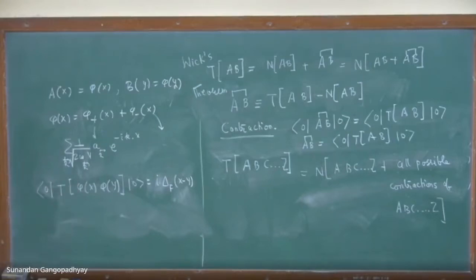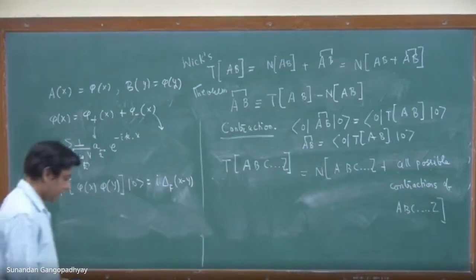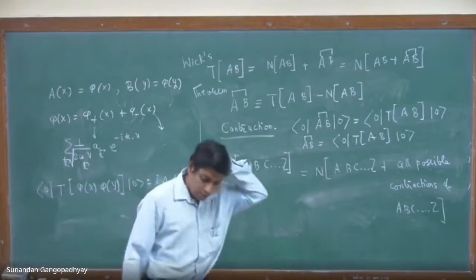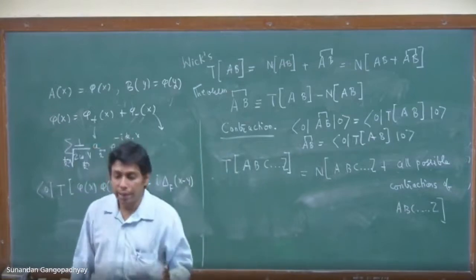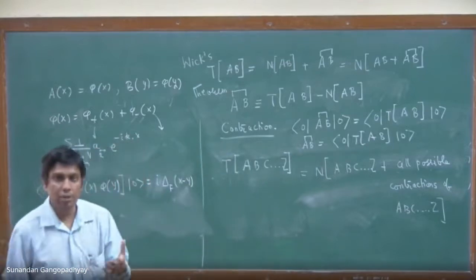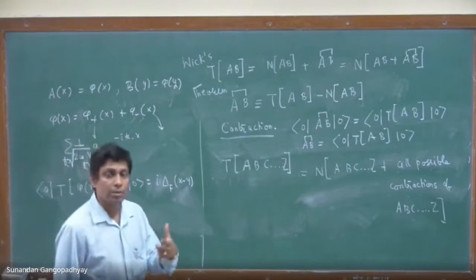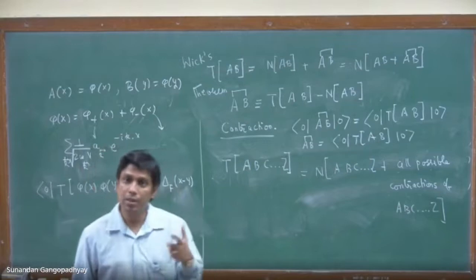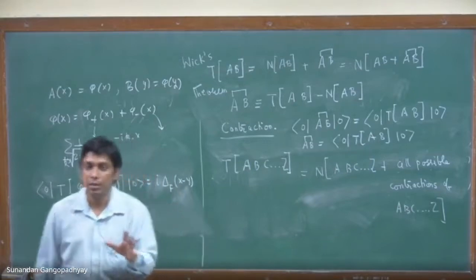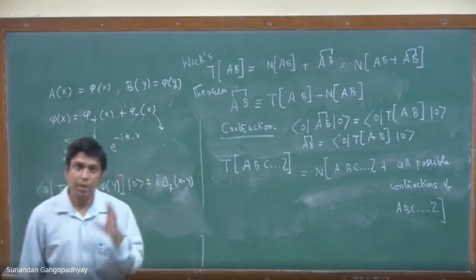But you know how to write down a vacuum expectation value involving interacting fields. By interacting fields, I do not mean fields in the interaction picture. Fields in the interaction picture are free fields. They evolve via the free Hamiltonian. The interacting fields are fields in the Heisenberg representation which evolve via the full Hamiltonian.